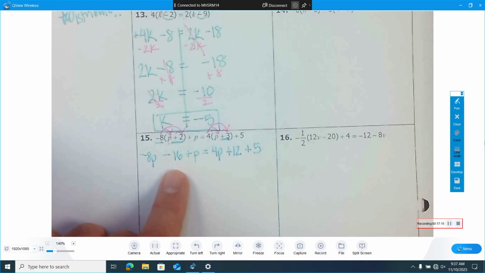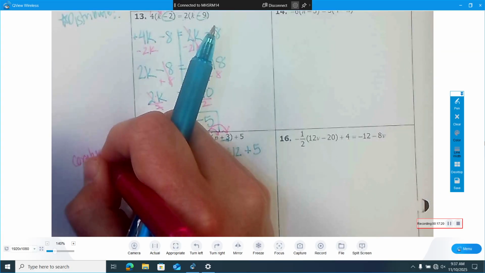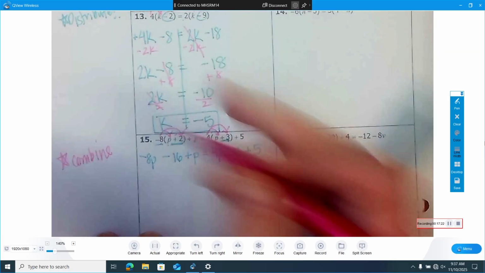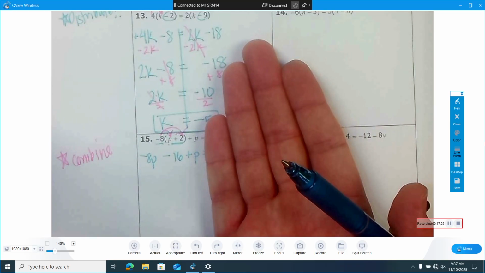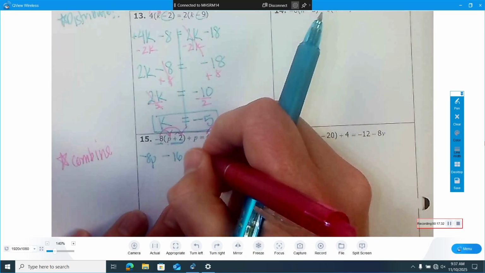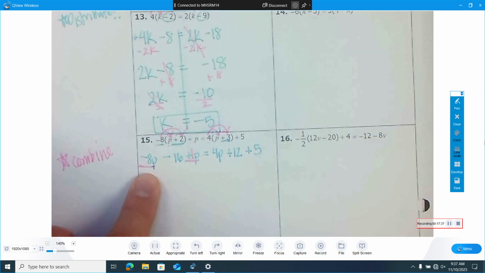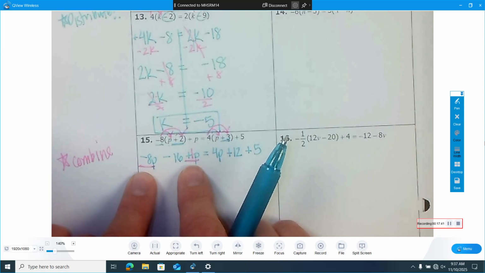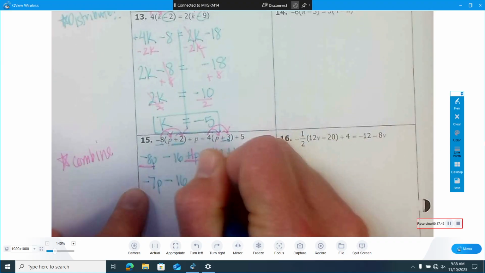Now, I need to do some simplifying first. So on this one, we had to distribute, and now we also have to combine like terms. And I'm going to keep it separate here. On the left-hand side, what things can I put together? Yeah, we have a positive 1P and that negative 8P, and they need to combine. They're like terms. Negative 8P's and positive 1P makes negative 7P's minus 16.